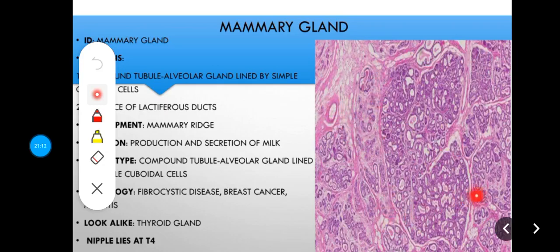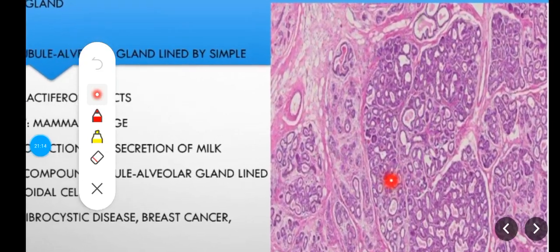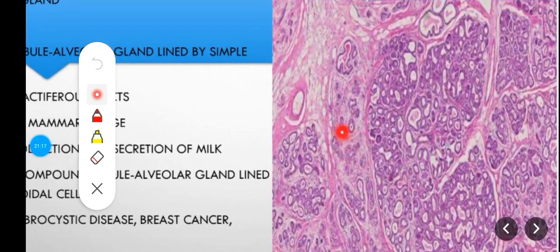Then the next thing that you can appreciate is the presence of this fibrous stroma, and the fibrous stroma contains fat cells. In a non-lactating mammary gland, you see more of the fat cells, while in a lactating mammary gland, you see more of the glandular parts, the lobules.